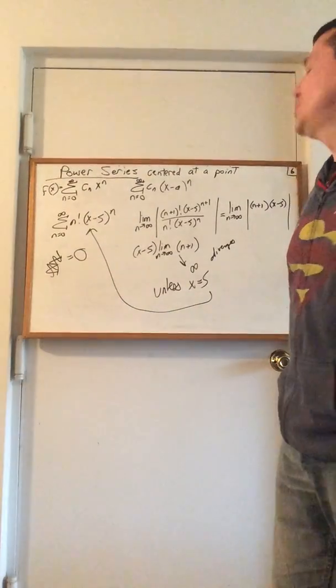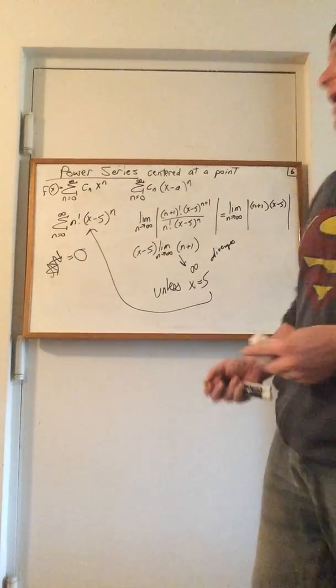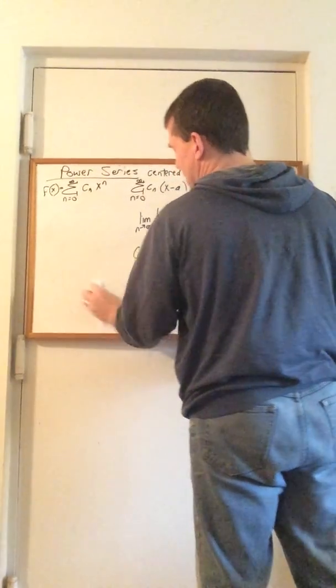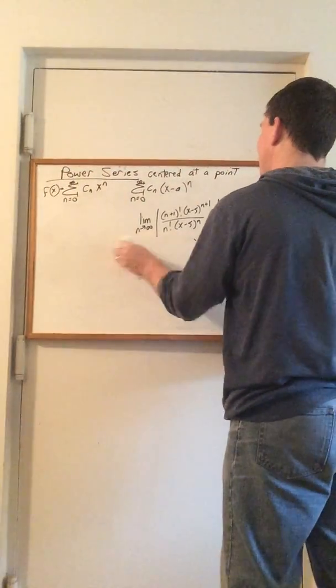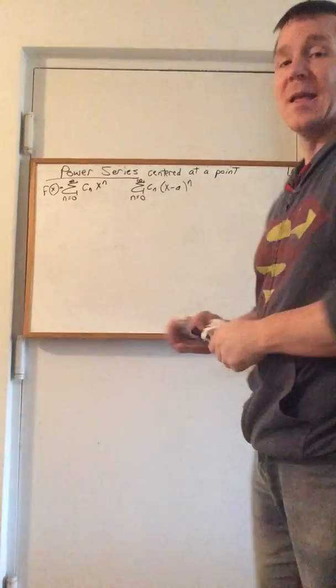Okay. So anyway, all that really means is, from a convergence and divergence standpoint, when we have these power series, and we're looking for convergence and divergence, there's three possibilities.